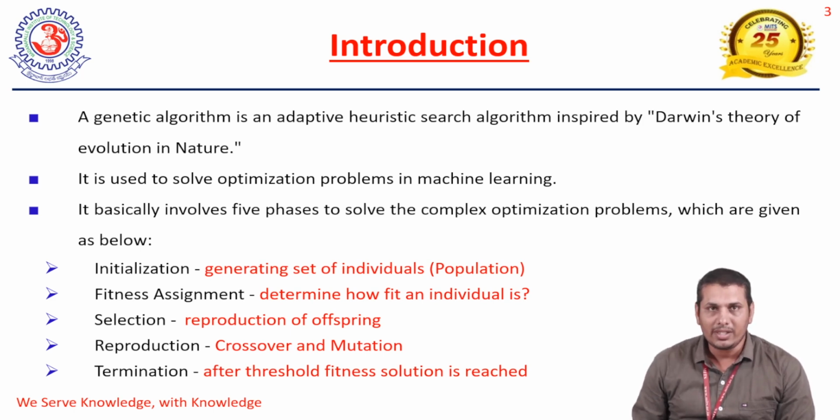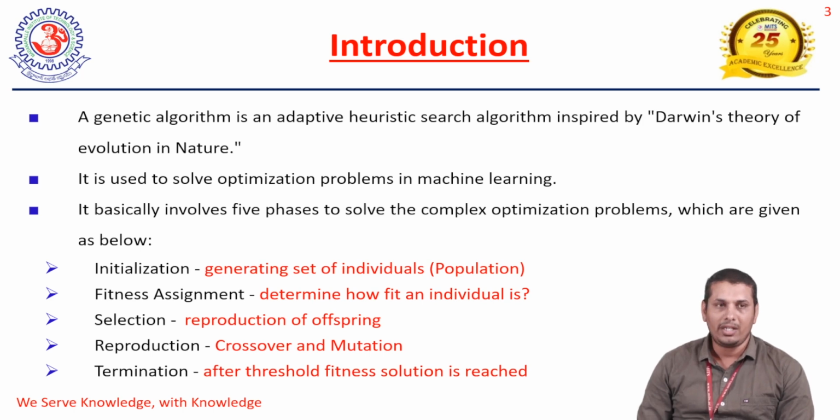It is a heuristic search algorithm, a hypothetical search, inspired by Darwin's theory of evolution in nature. This type of algorithm mainly focuses on solving optimization problems in machine learning.